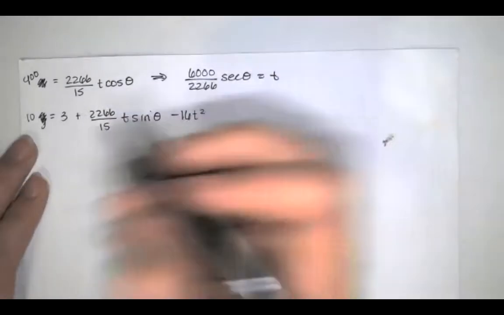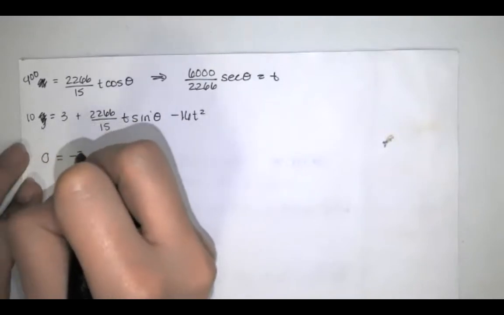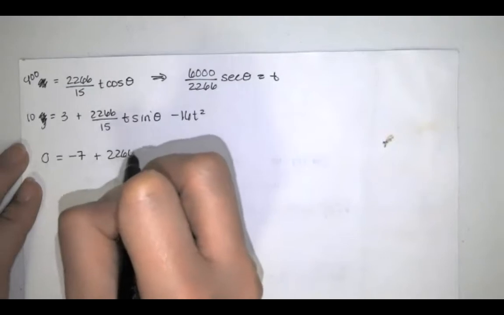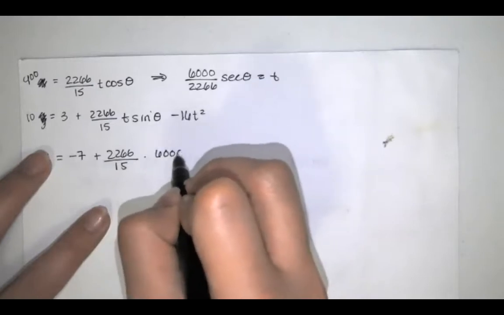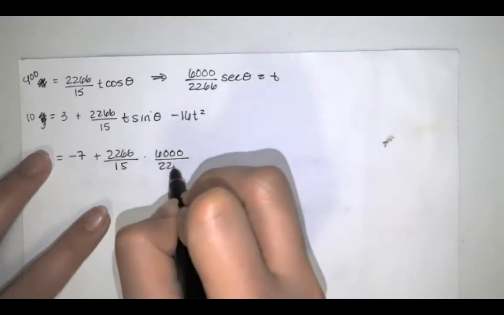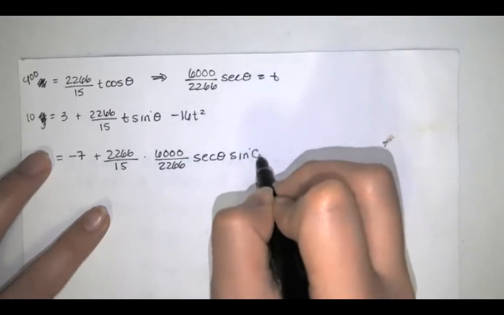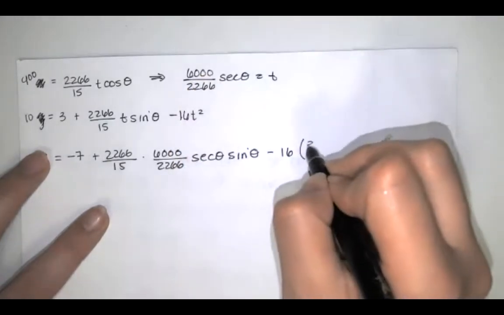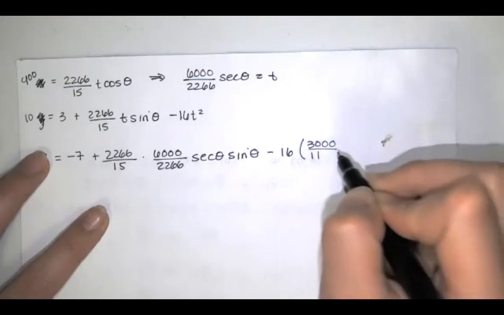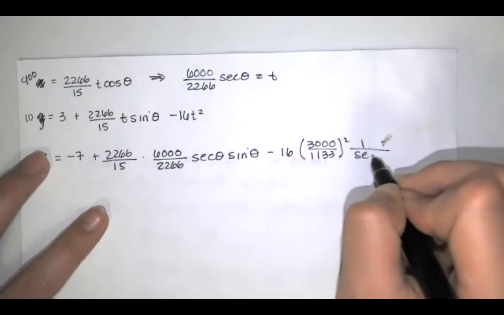So if I substitute that in down here, and maybe subtract that 10 from both sides, we'll have 0 equals -7 plus 2266 over 15 times my t, which is 6,000 over 2266 times secant of theta times sine of theta minus 16 times t squared, which is that number squared. Let's simplify first. So we'll have 3,000 over 1,133 squared, and then we've got a secant squared in the denominator here.